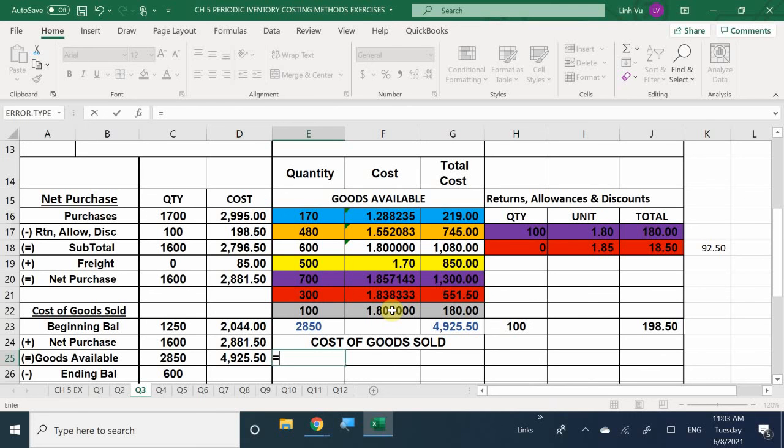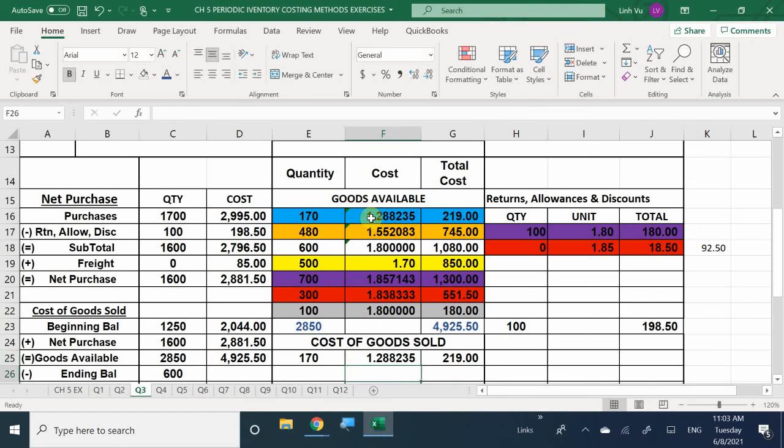We're doing first in, first out. Oh, okay. The blue one, 170. Good. Since we're going to take all of it, we know it's going to cost me this much. I'm only doing this for reference points. So already we're going to take that first batch of blue out.